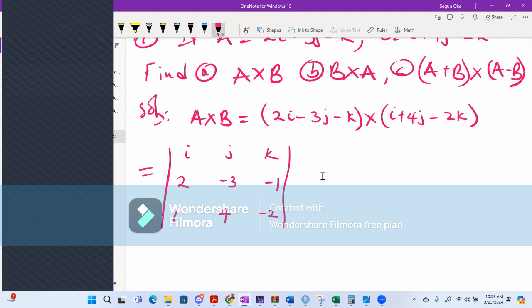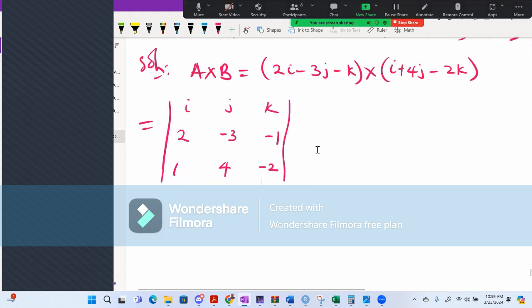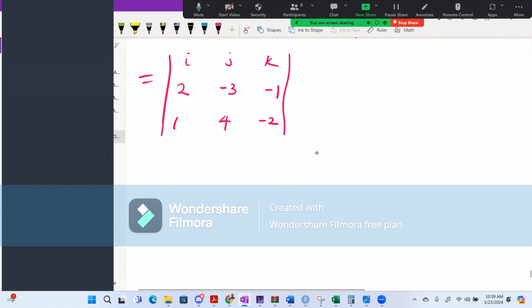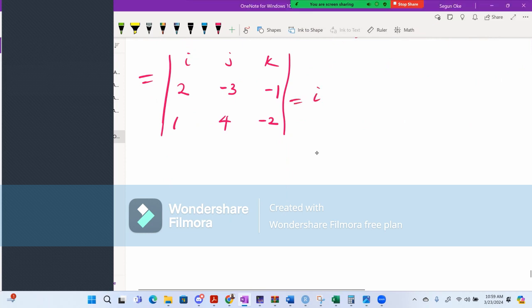So I'll pick the first one. For the first one, what do I have? I. Remember the signs on top of them: plus, minus, plus. That's why this one is positive.